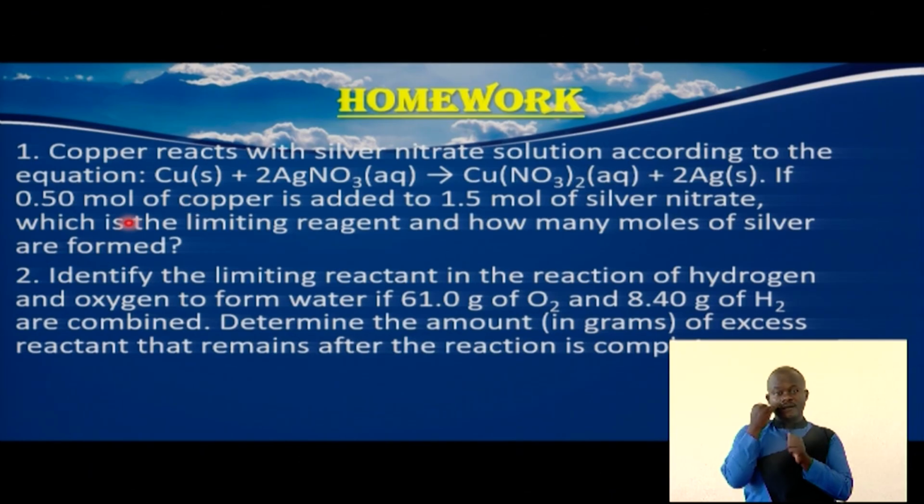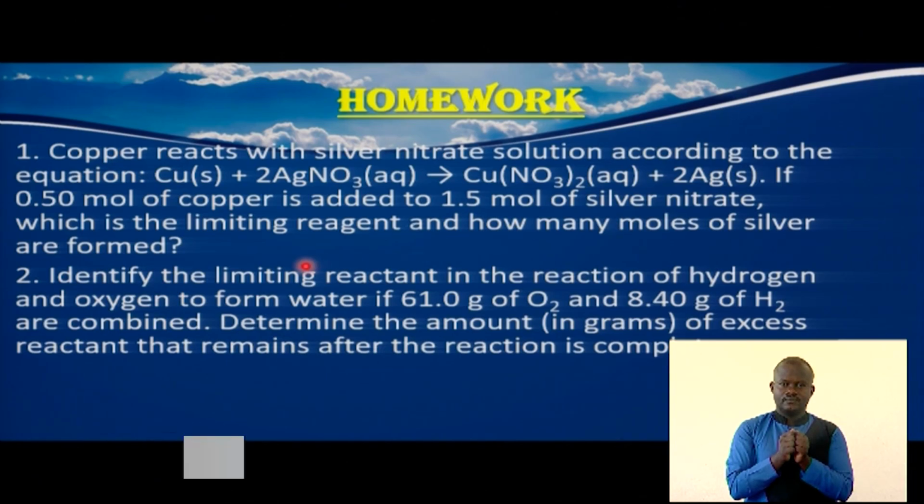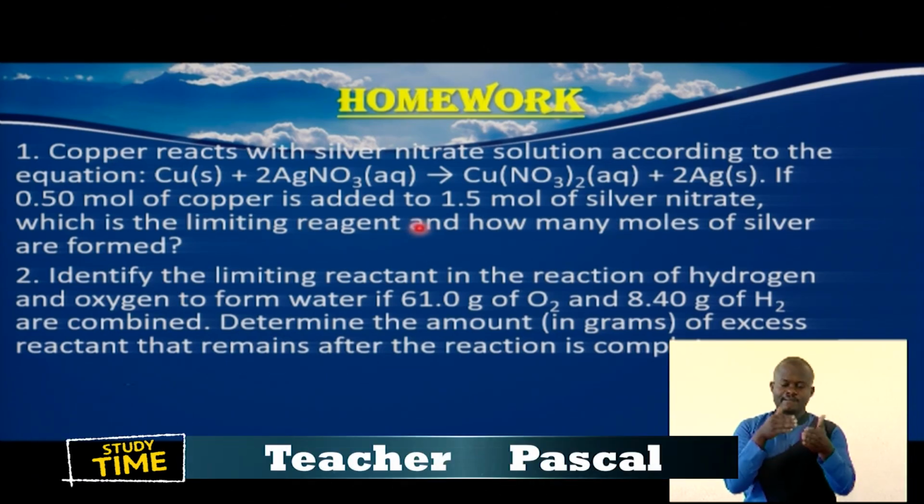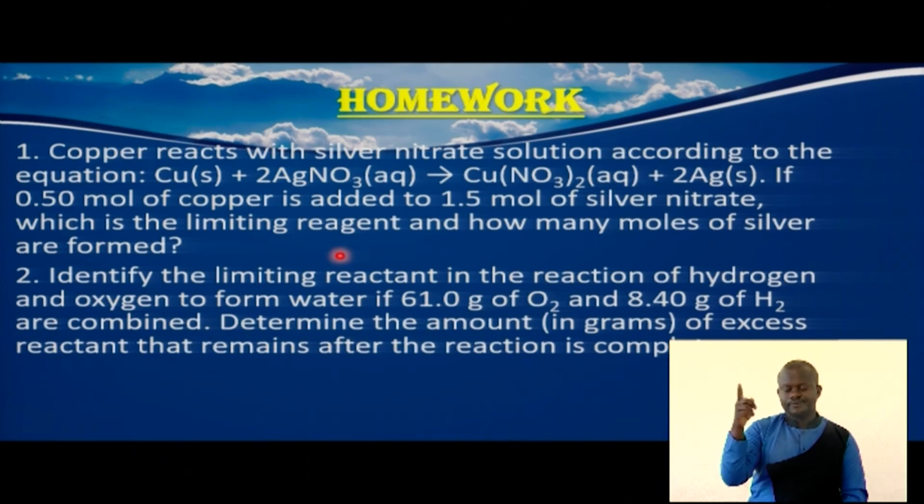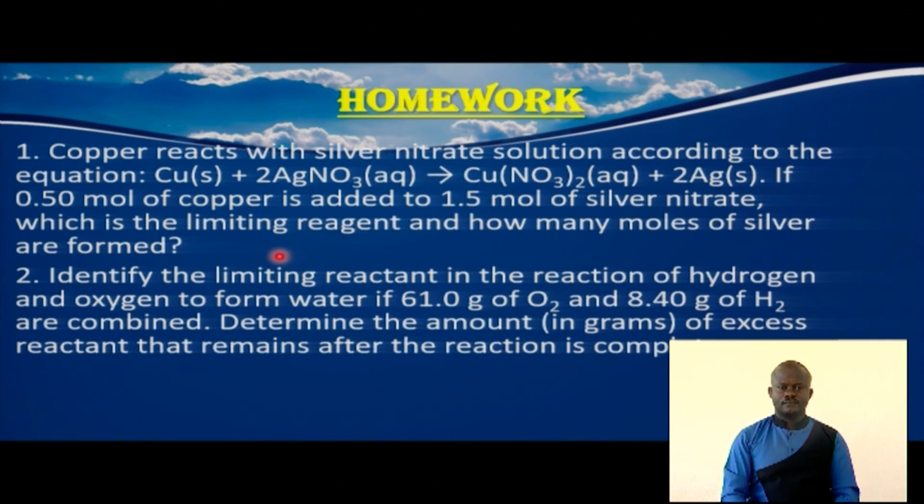If 0.50 mole of copper is added to 1.5 mole of silver nitrate, which is the limiting reagent, and how many moles of silver are formed? You determine the limiting reagent, and you determine the number of moles of the silver which is formed.